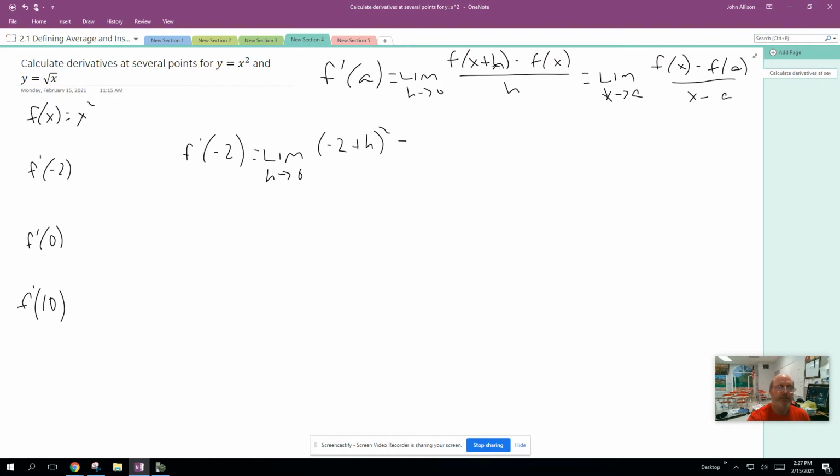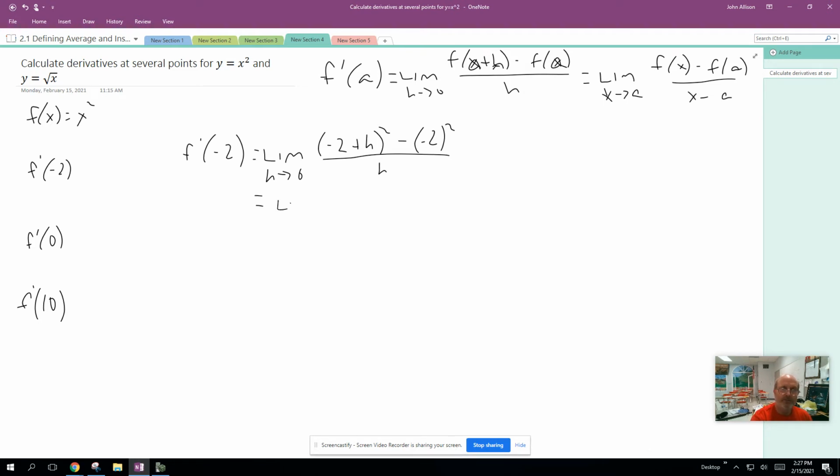And that's minus f of -2, which is -2 squared. Oh, and this should be a instead of x. My bad here. So that's going to be -2 squared, all over h.